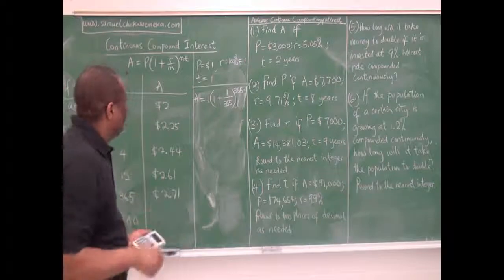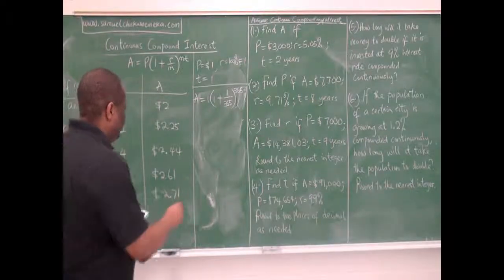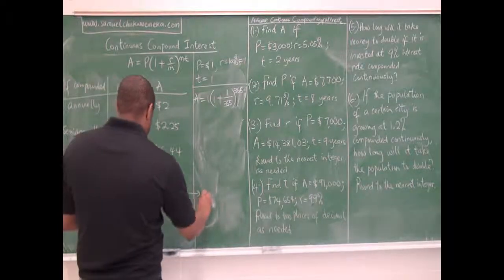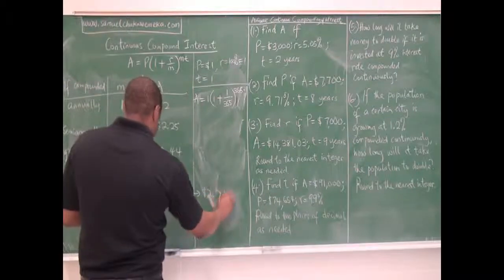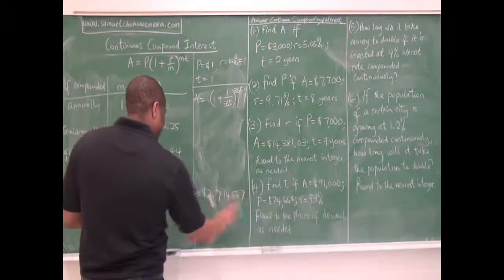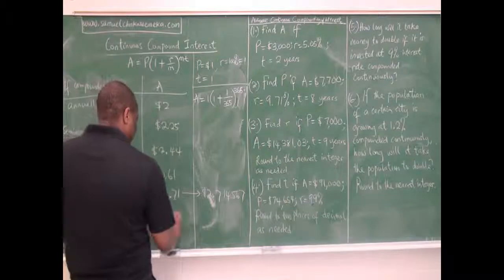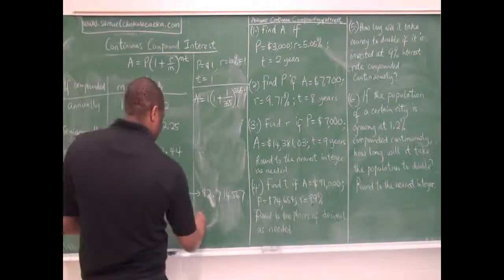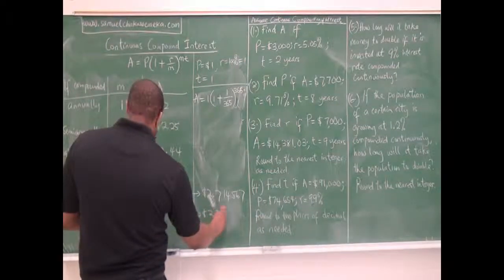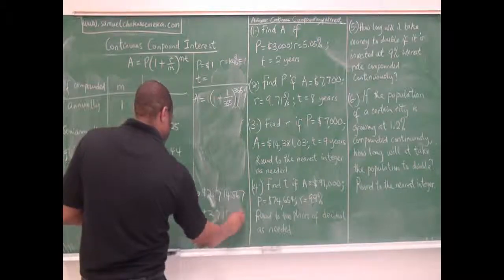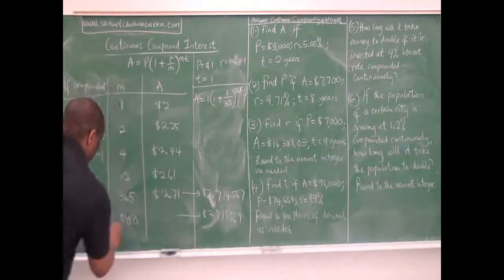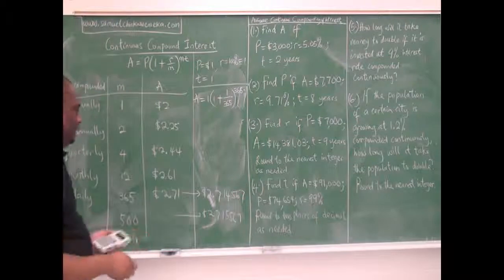Now, for the purpose of this, we had 2.714567 for 365. Here we have 2.715569.